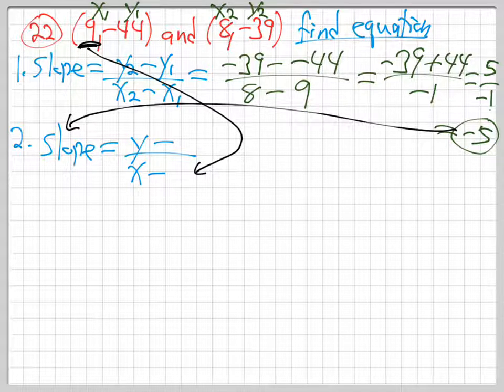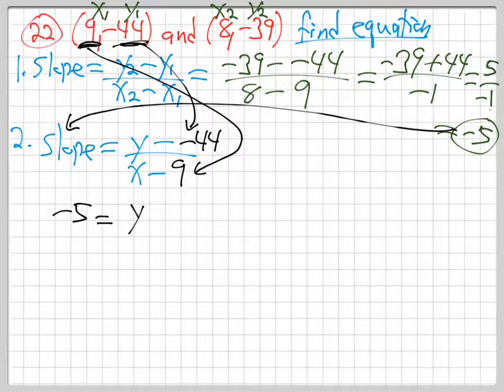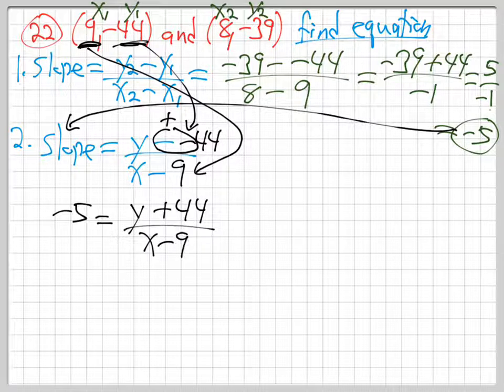The first pair is good enough, or the second pair, it doesn't really matter. Put the x behind the x, put the y behind the y. So minus 44 there, 9 there. So what do we get? The slope is minus 5 is y plus 44, right? Double negative becomes positive, over x minus 9.